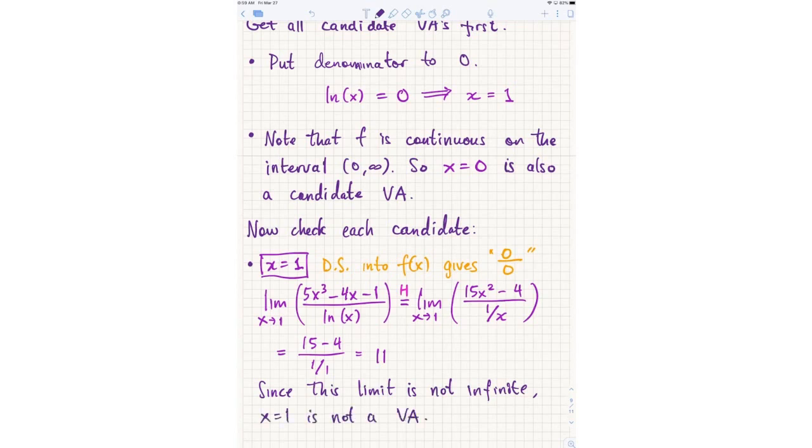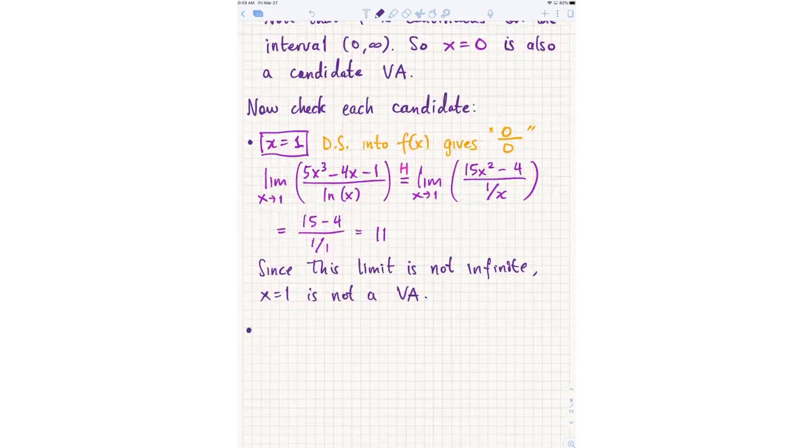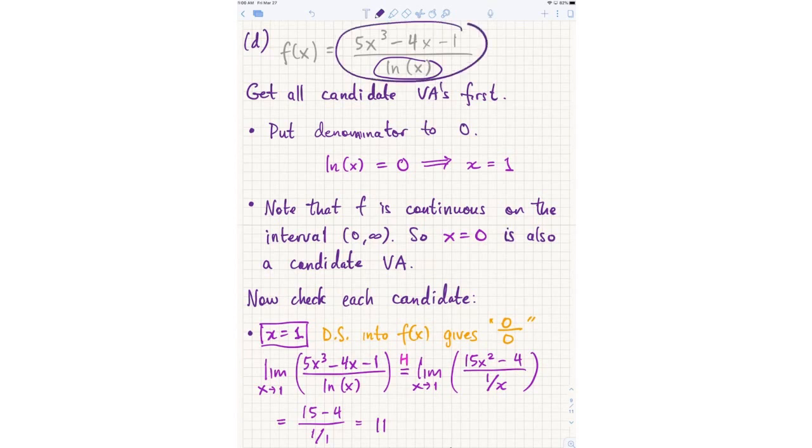Now let's check the other candidate. We also had x equals 0 as a candidate. Remember, x equals 0 was not coming from denominator equals 0. It was coming more from the fact that this ln function has special behavior at x equals 0. ln of x itself has an asymptote at x equals 0, so it could be possible that the whole thing has an asymptote at x equals 0.